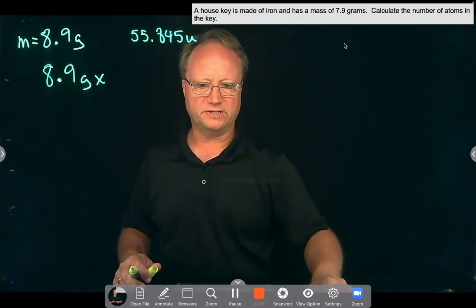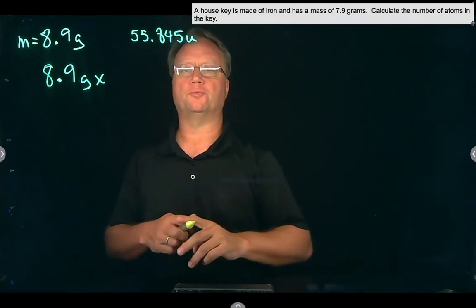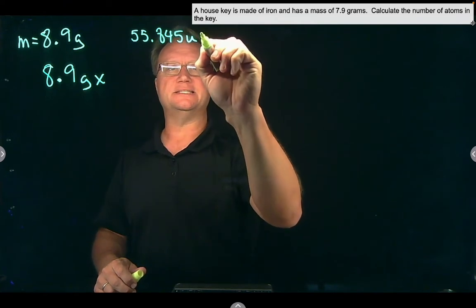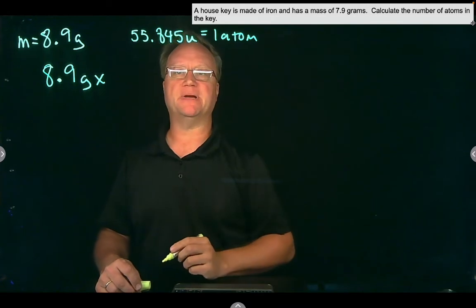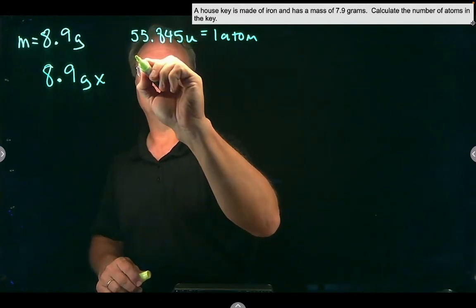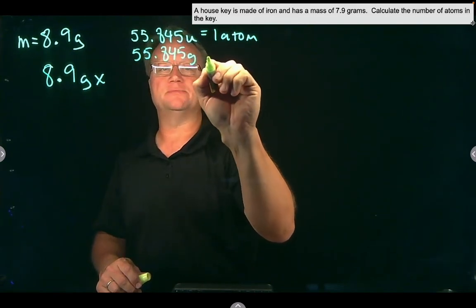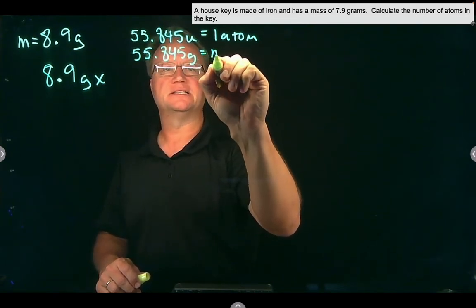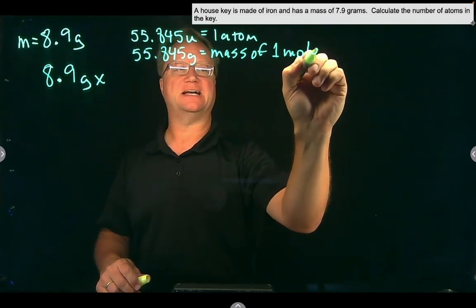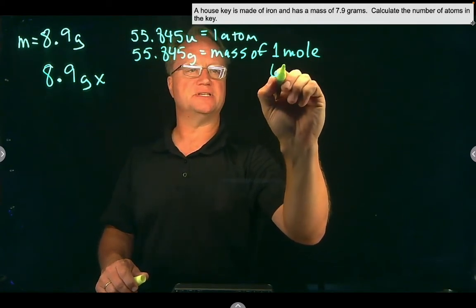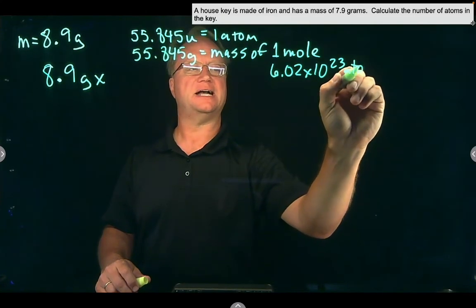So let's get rid of our window there. Now that mass we can interpret two different ways. This is the mass of one atom in atomic mass units, or we can also interpret this as 55.845 grams is the mass of 1 mole of atoms, and 1 mole of atoms is 6.02 times 10 to the 23rd atoms.